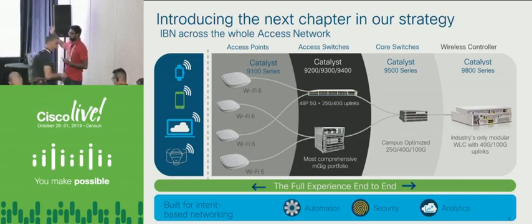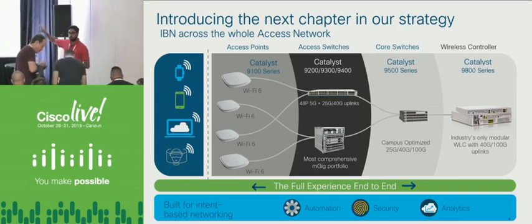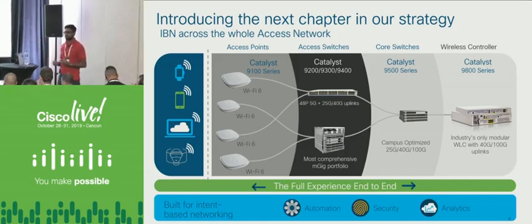And 9800 controllers came into fruition to complete the solution strategy from an end-to-end standpoint. So access switches, core switches, and now the controllers all operate under the same IOS XE-based operating system to complement the intent-based networking.